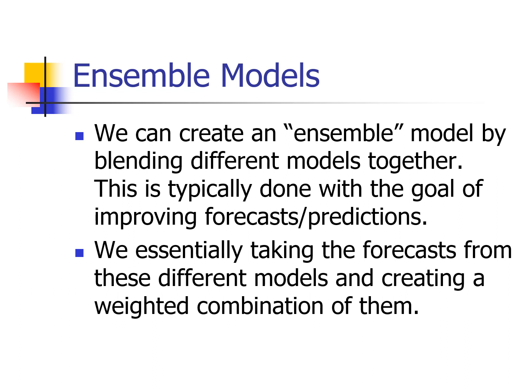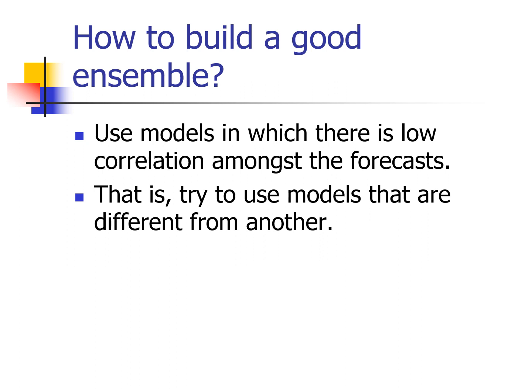Okay. Now, to build a good ensemble, theoretically, and this should hopefully be intuitive, we want to use models in which there's low correlation amongst the forecasts. Right? That is, we want to try to use models that are different from one another. Which means what? It means like we started this lecture off by looking at an AR1 model, MA1 model, and a mixed model, AR1, MA1.